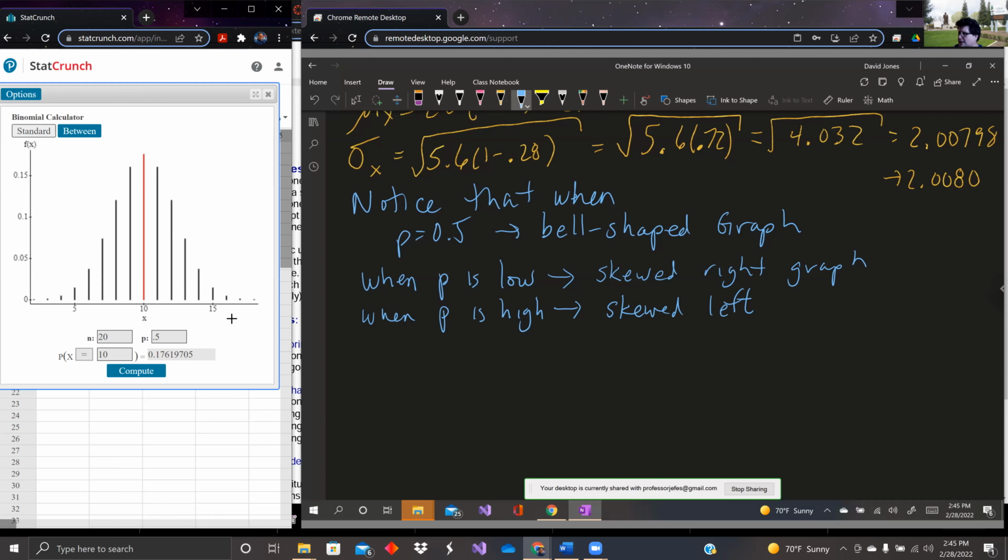And we desire bell-shaped data. So if P is high or low, what can we do about it?